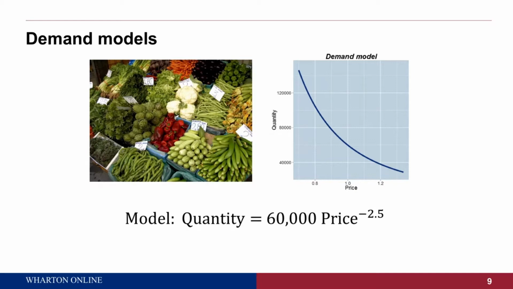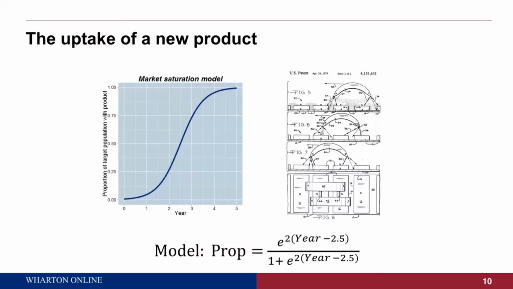And the question is, how do we optimize that trade-off? How do we find the best price? And so economics is a discipline that is full of quantitative models, and this is a basic quantitative model for demand.